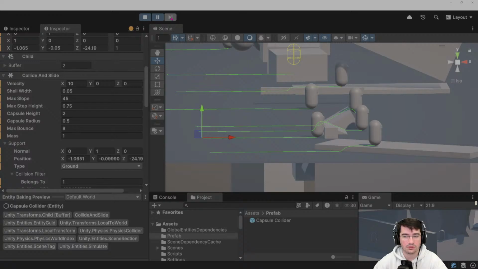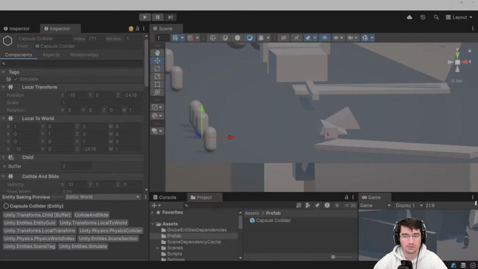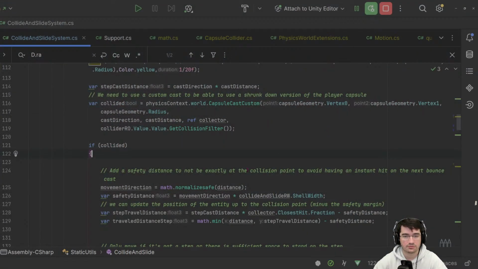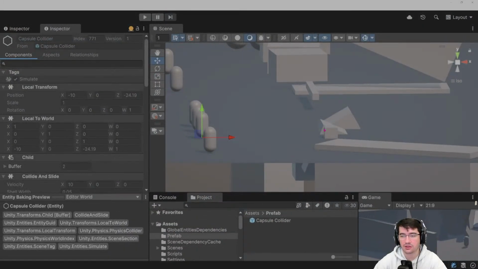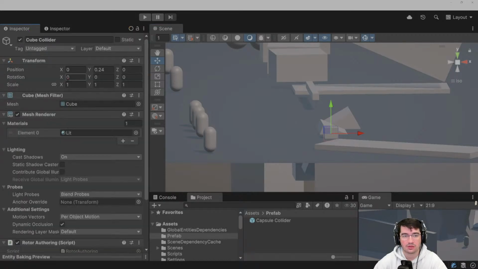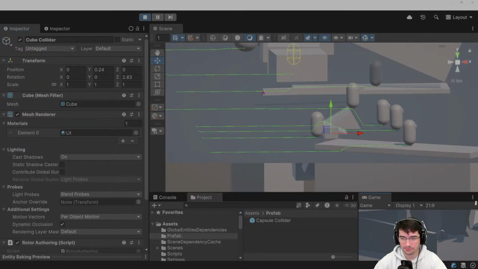No. So I'm not seeing this as a step. If I rotate it very slightly, still not seeing this as a step.